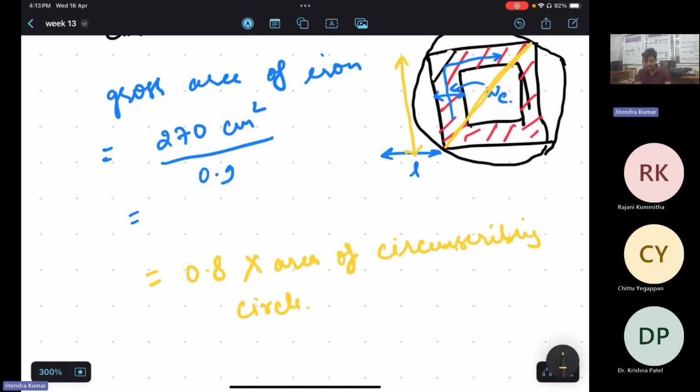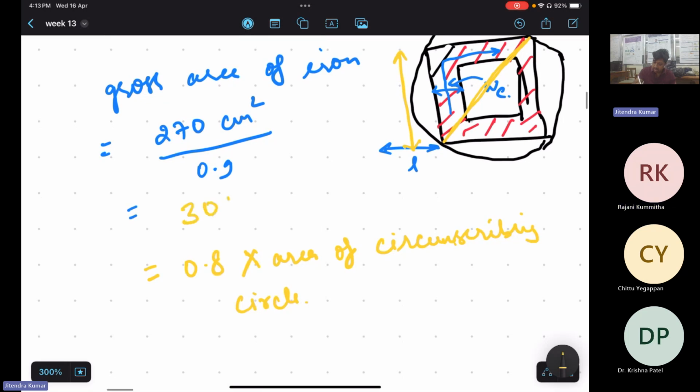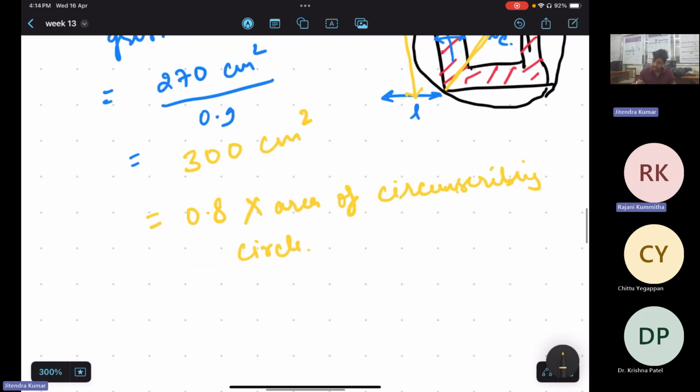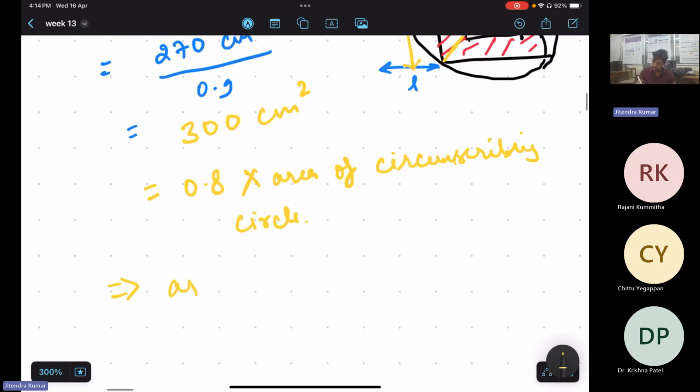So 270 divided by 0.9 will be how much? 300, exactly 300. 300 centimeters square we have calculated for the iron area, and that is equal to 0.8 times the area of the circumscribing circle. Now, the next step, we could get directly the value of the area of the circumscribing circle.